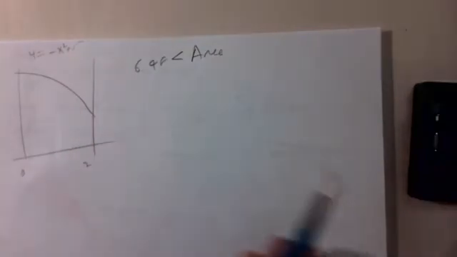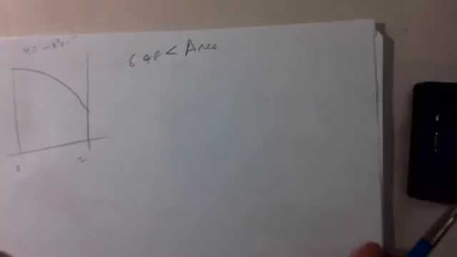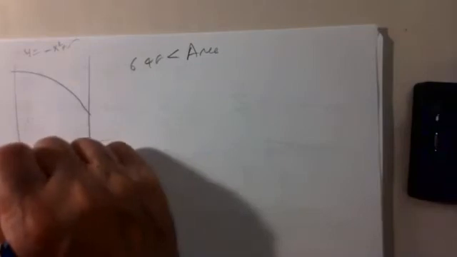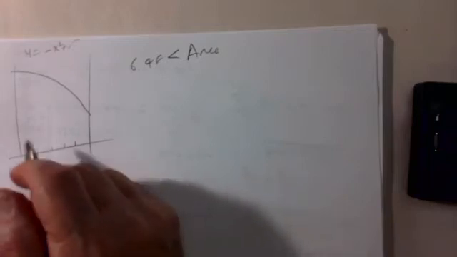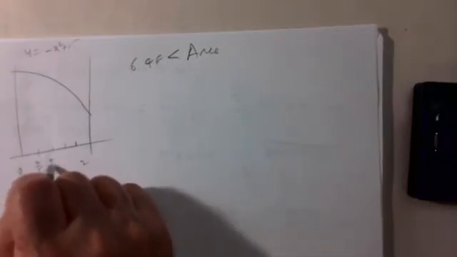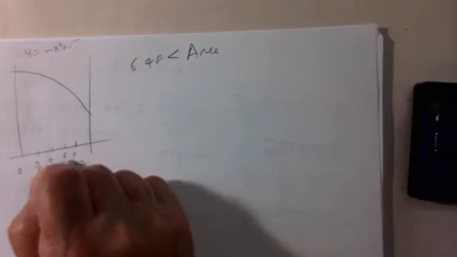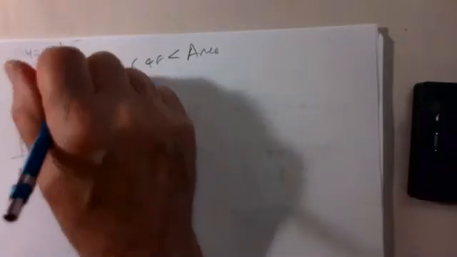Now, we can also get an upper bound for the area as follows. Again, let's divide this interval into 5 pieces of equal width, 2/5, 4/5, 6/5, 8/5, 2. And again, we draw these vertical lines.